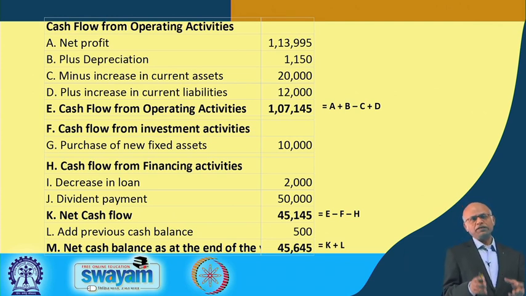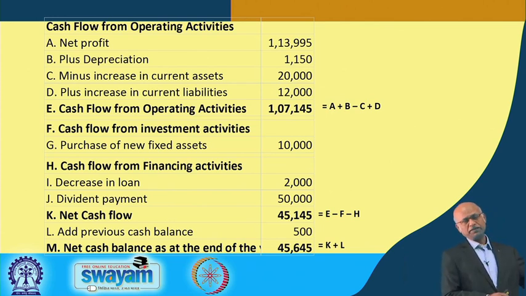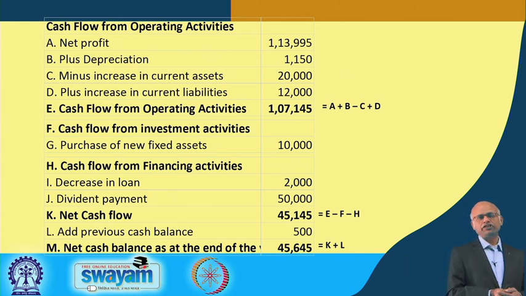Now, to understand the cash balance at the end of the year, you have to add the cash that you carried forward from the previous year. In the previous balance sheet, you closed the previous year with 500 rupees cash. So, this is to be added to the current year's generation.